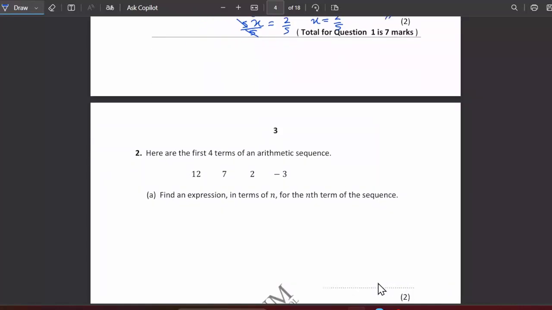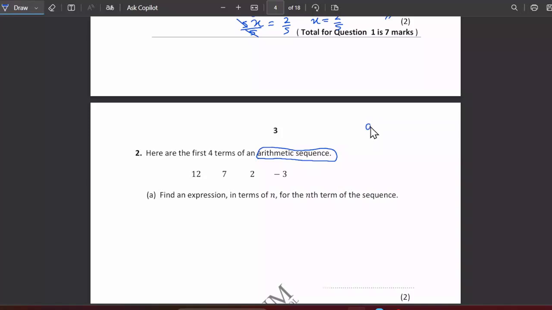And here they have given us the first four terms of an arithmetic sequence. Okay. So what they are asking, find an expression in terms of n for the nth term of the sequence. Okay. So when it comes to arithmetic sequences, we know we can find some values.